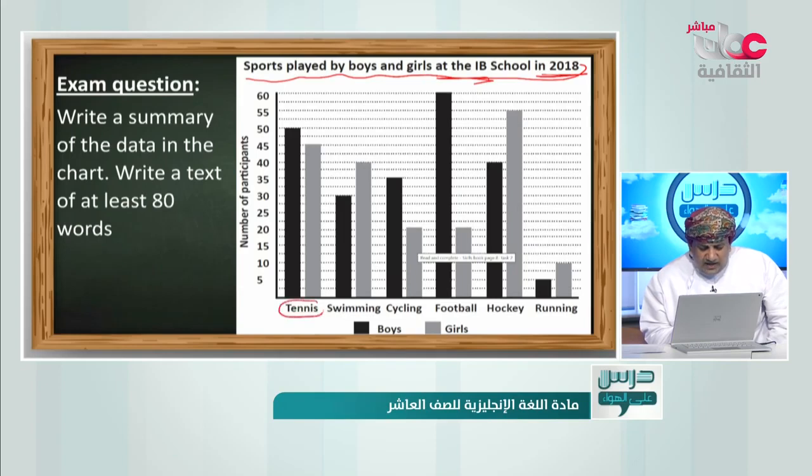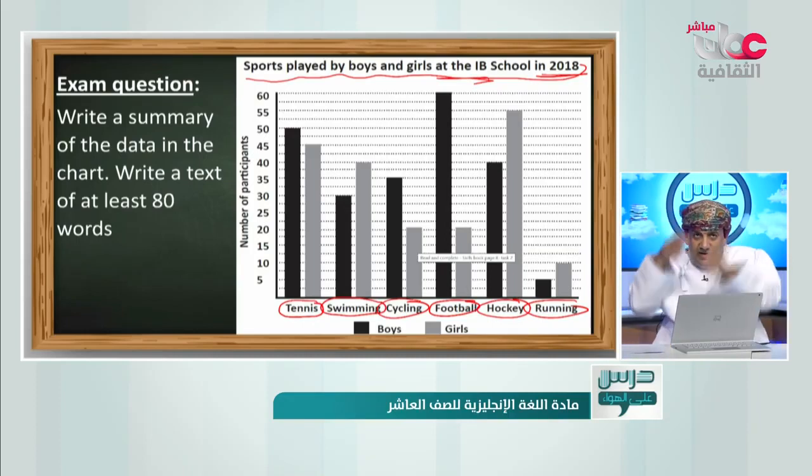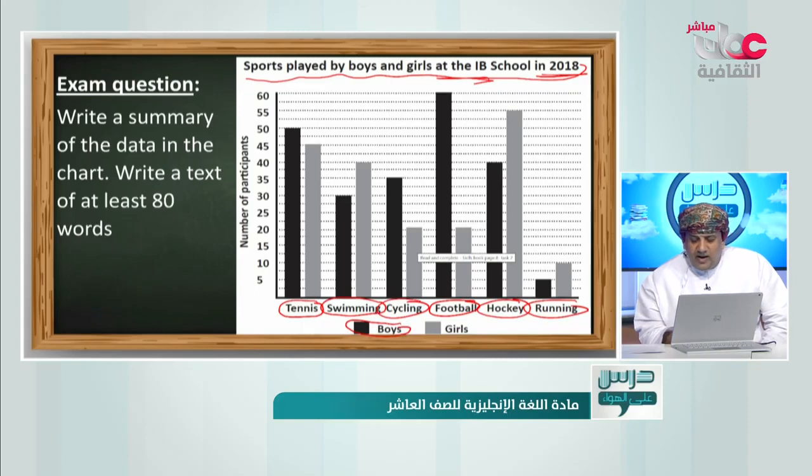We read about the sports: tennis, swimming, cycling, football, hockey, and running. So we have 2 columns. The first column is for boys, the black one, and the gray is for the girls. So we should know which is which. Number 1, the tennis.